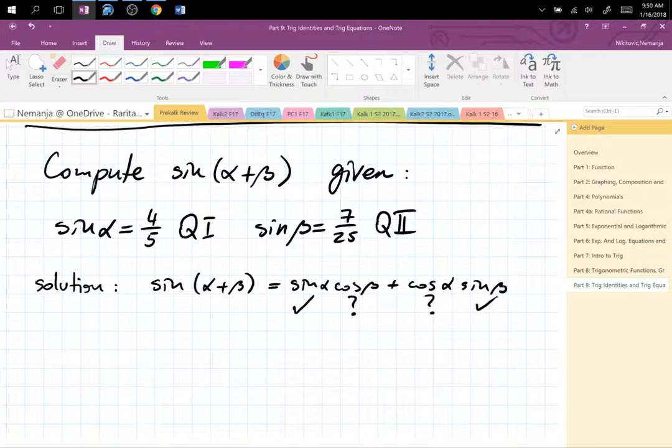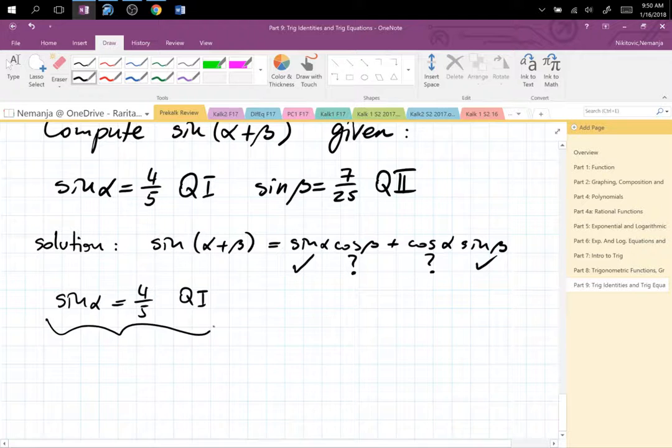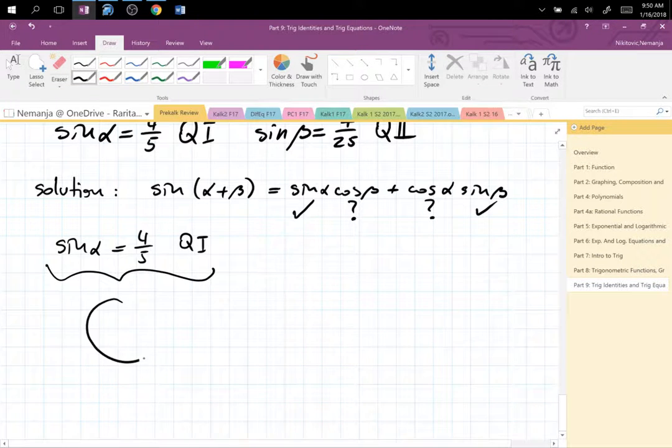So now what is the cosine of beta? Well, you have sine alpha is 4/5, and you have the quadrant 1. This, in the unit circle, gives you a quadrant 1 triangle where it's not a unit circle anymore because now the radius is 5.